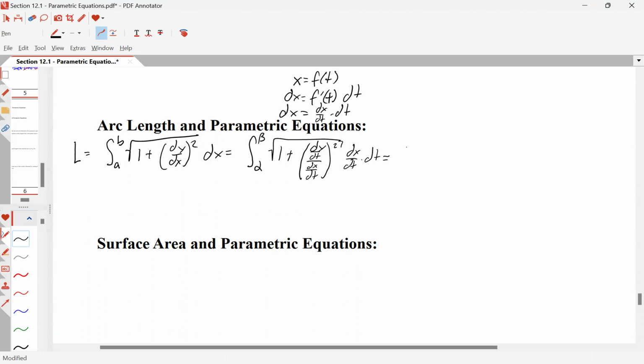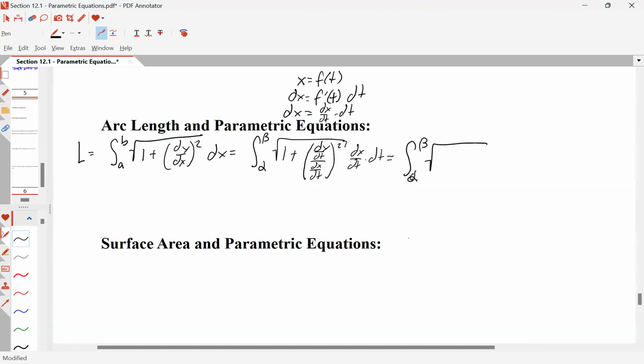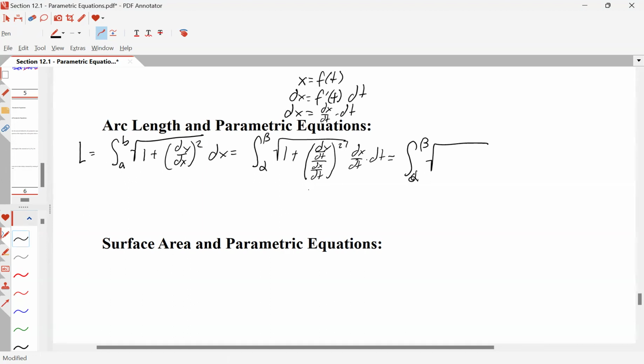And now some simplifications. This is the integral from alpha to beta of the square root of, I'm going to multiply everything by this (dx/dt) squared under the square root, making a common denominator.